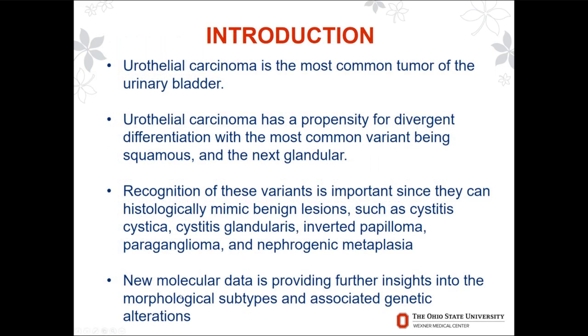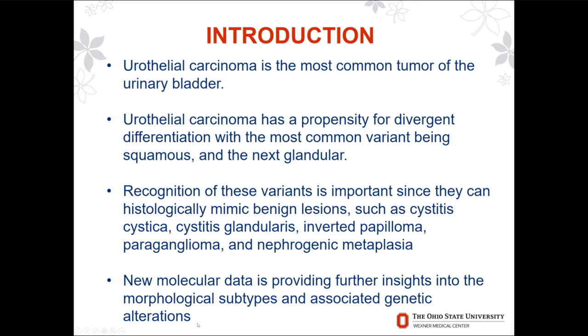So urothelial carcinoma is the most common tumor of the urinary bladder, and it has a propensity for divergent differentiation, with the most common variant being squamous and next is glandular. And it's critical to distinguish glandular from the adenocarcinoma of the bladder, which are very rare.